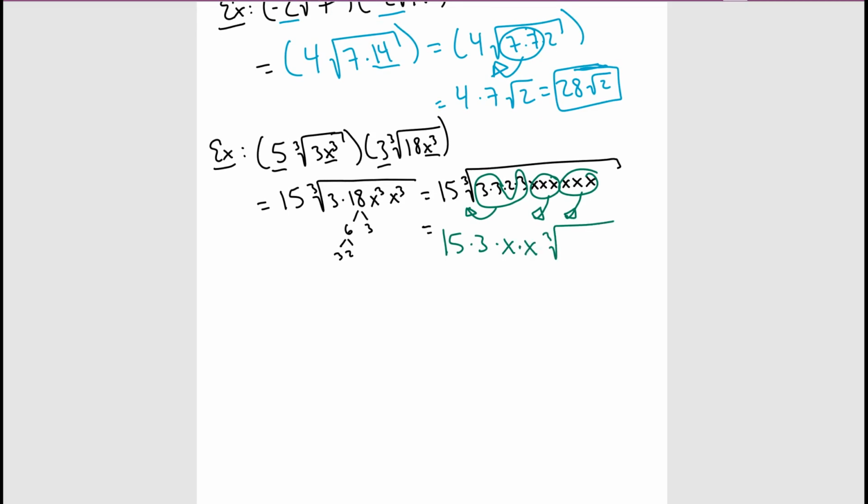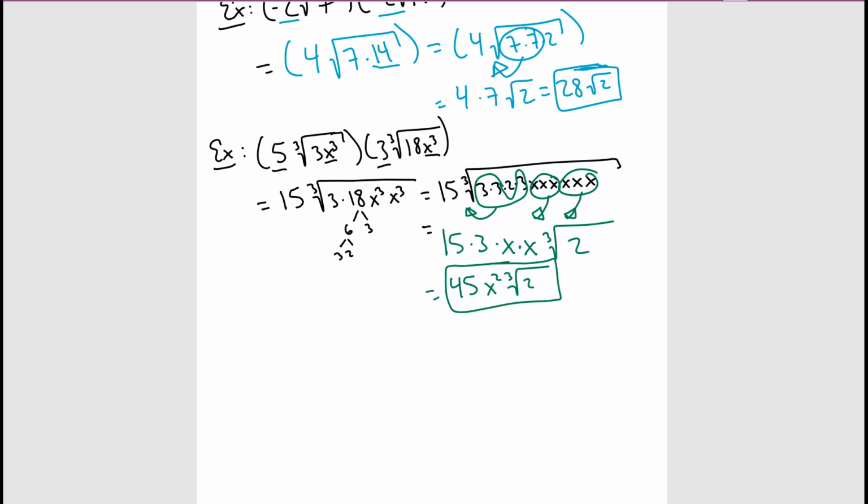And what's left under the cubed root? I think it's just a 2. Yeah, that's it. So now all I have to do is take 15 times 3, which gives me 45. x squared cubed root of 2. And that is my final answer.